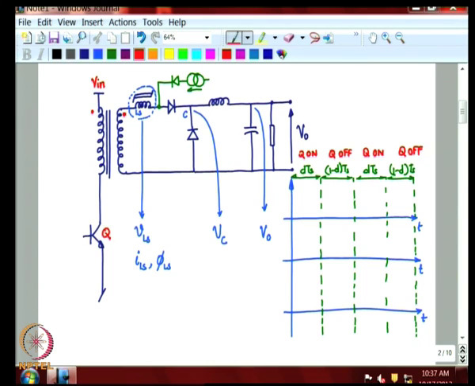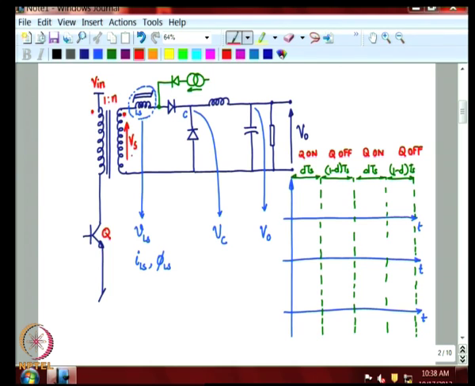And now, the moment Q goes on, let us say this is 1:n.